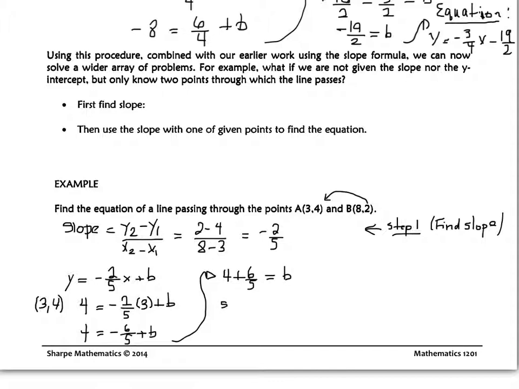And then if you put that over a common denominator, that's understood to be over 1, so that becomes 20 over 5 plus 6 over 5 equals b, so b is 26 over 5.